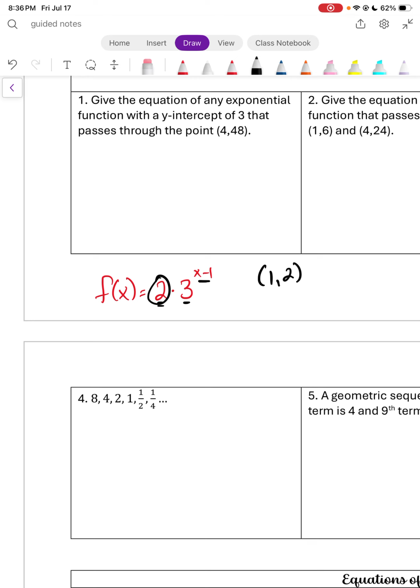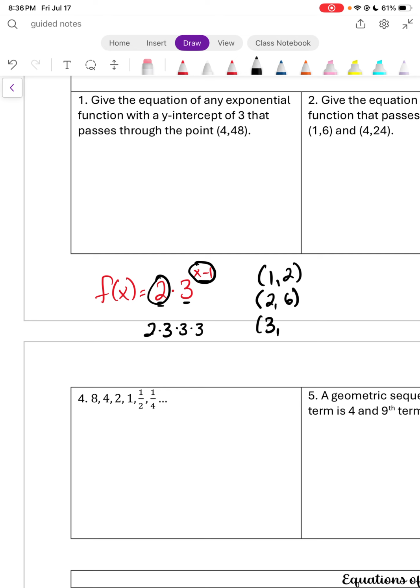Now, your next term, look what happens when you plug in 2. When you plug in 2, 2 minus 1 is 1. You get 2 times 3, which is 6. If you were to plug in 3, you'd get 2 times 3 to the second. And then if you plug in 4, you'd get 2 times 3 to the third.